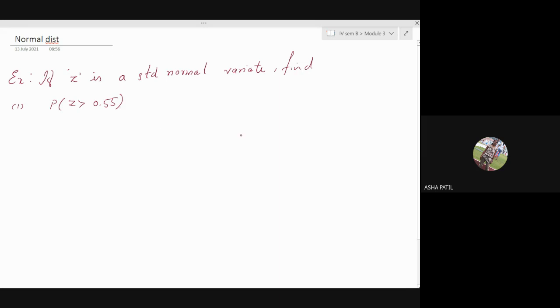greater than 0.55. Now already we have discussed that the normal probability curve is a bell-shaped curve, symmetric about the line Z equal to 0. Now we want probability that Z is greater than 0.55. Let me just take a point here.